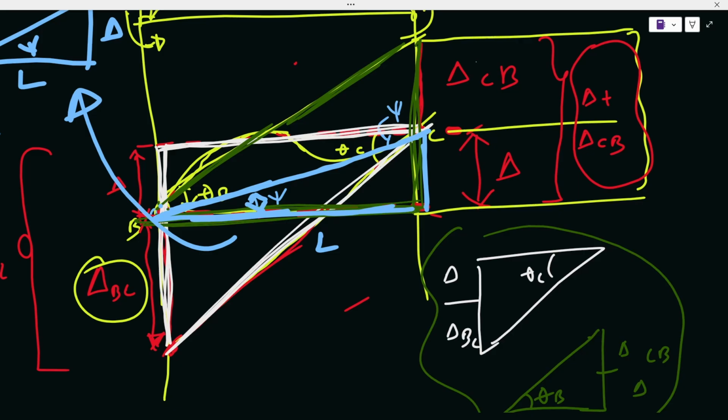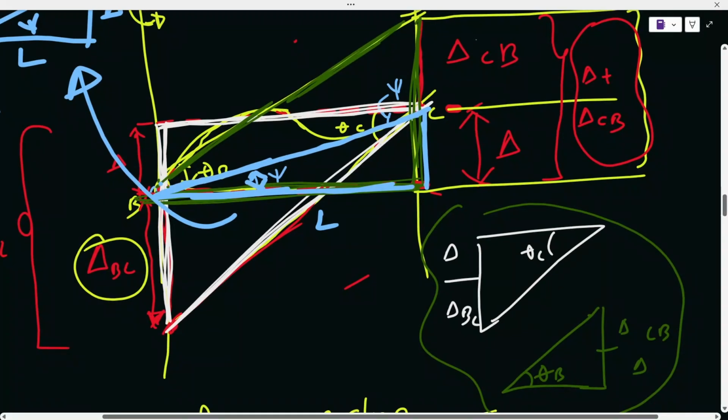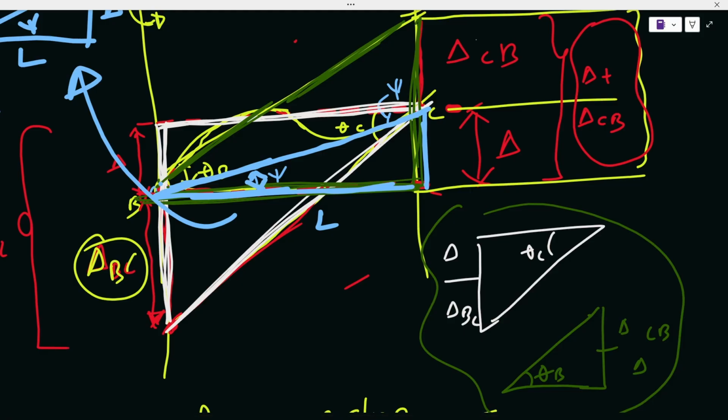Okay, I think the best way to explain this is this way. Delta BC of this main structure must be equal to delta BC of the others. Do you understand? That is the displacement from here to here of this structure.